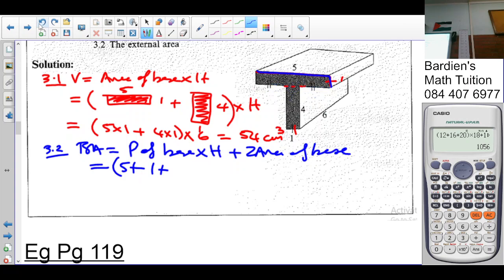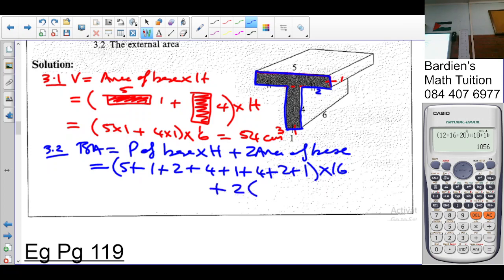Where is that 1 coming from? From the bottom. So it's going to be 2 plus, this length is 4, plus 1, plus 4, plus 2, plus 1, times the height, which is 6, sorry, my mistake, plus twice area of the base.